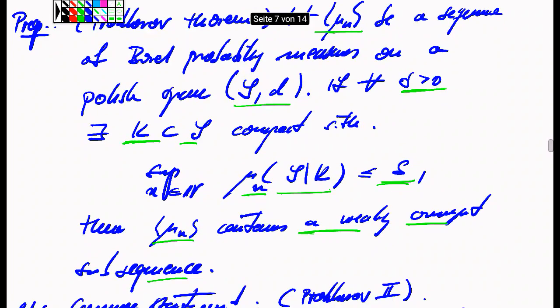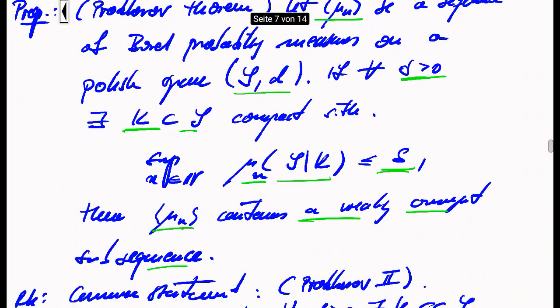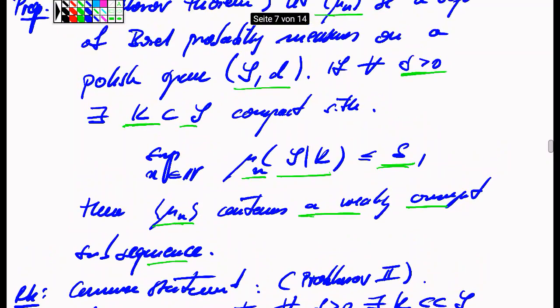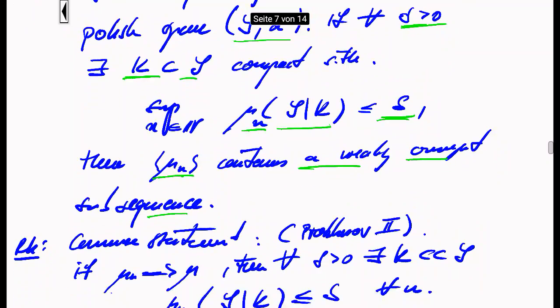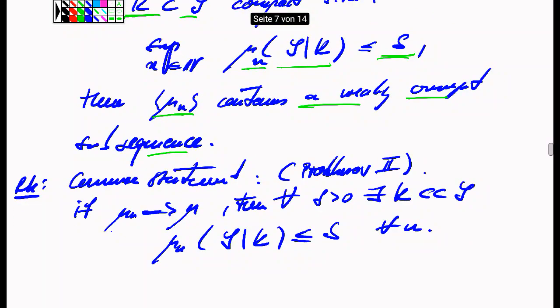Then this sequence of probability measures contains at least one weakly convergent subsequence. So that's a compactness theorem or a compactness criterion for a sequence of probability measures on a Polish space if we work with the concept of weak convergence of probability measures.